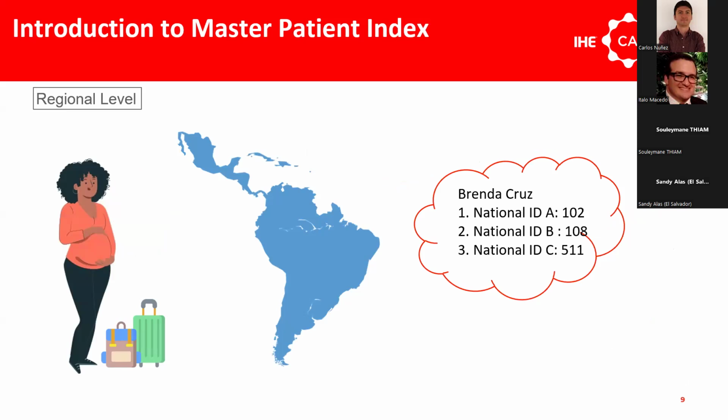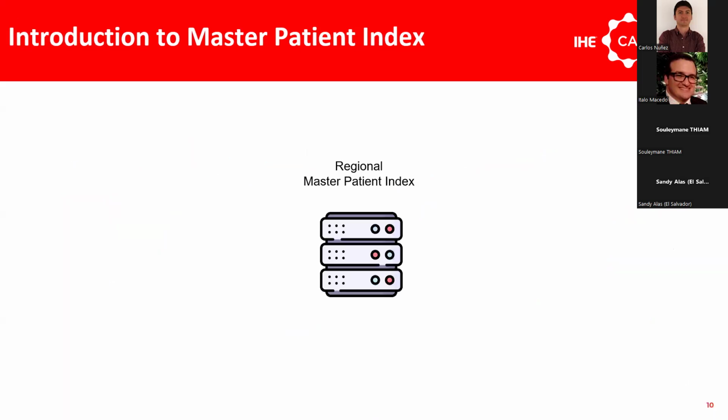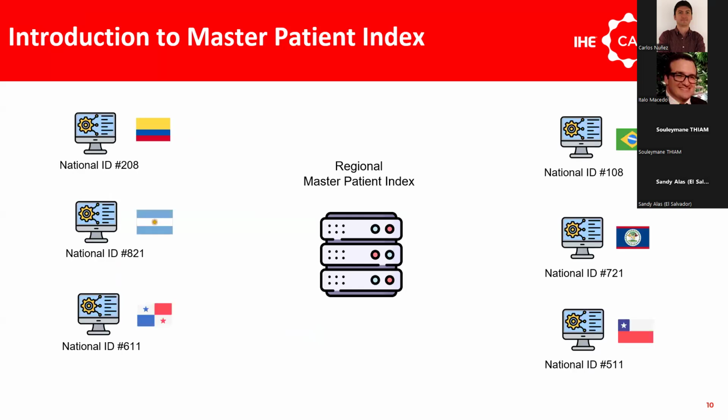The same patient, Brenda, can travel from Brazil to Colombia, then to Belize. So each country can provide a national ID for the same patient, Brenda. And now we can have a regional patient index. In the regional patient index, each patient will be identified. If, for example, she visits all of these countries, each country will provide the national ID.